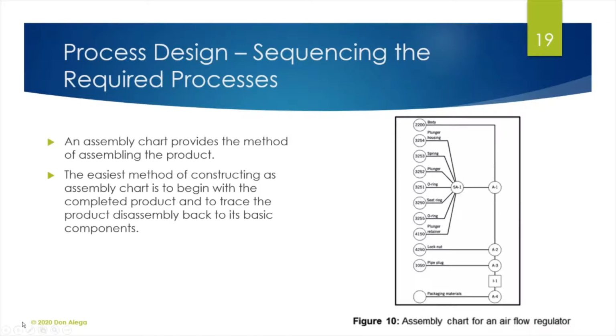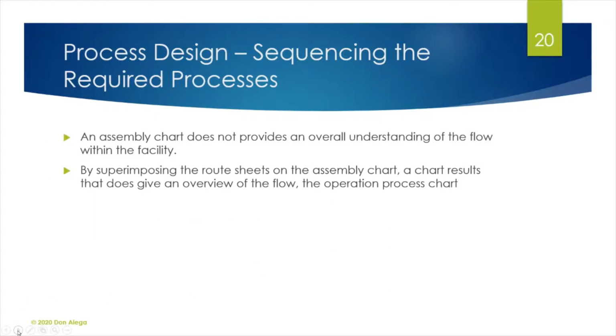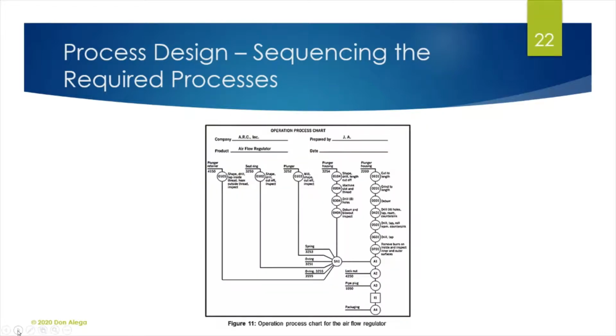Okay po. So next, the operation process chart gives an overview of the flow within the facilities. So ibig sabihin, andito na lahat, 'di ba? So kapag alam naman natin kung paano gumawa ng operation process chart, 'di ba?